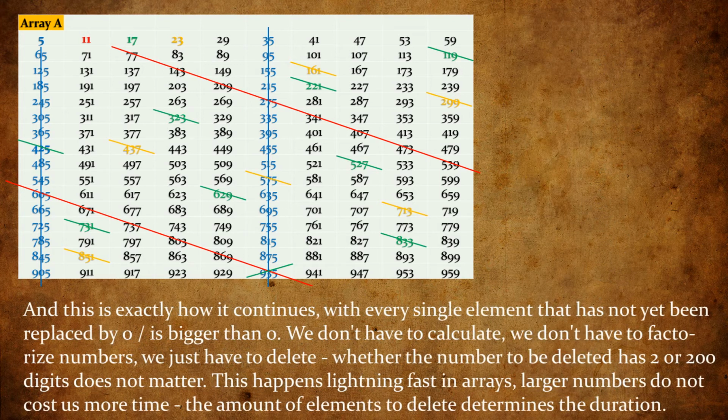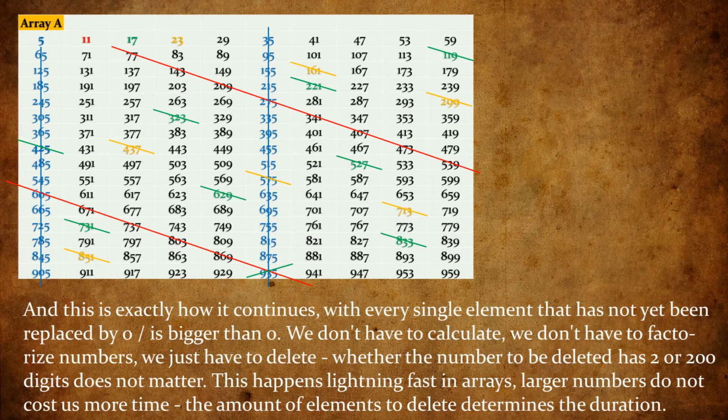And this is exactly how we continue with every single element that had not yet been replaced by 0 and is bigger than 0. We do not have to calculate, we do not have to factorize numbers, we just have to count and delete. It doesn't matter if the number to be deleted has 2 or 200 digits. In arrays this happens lightning fast.